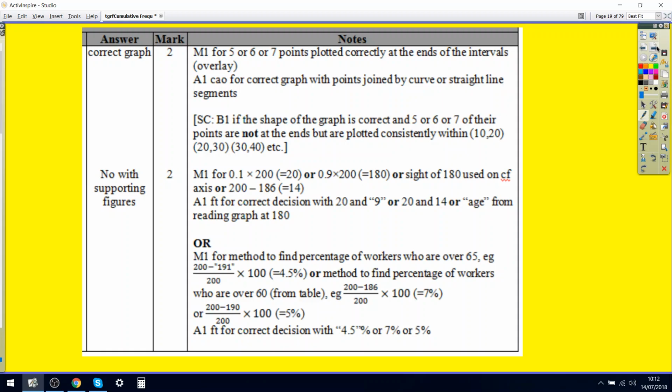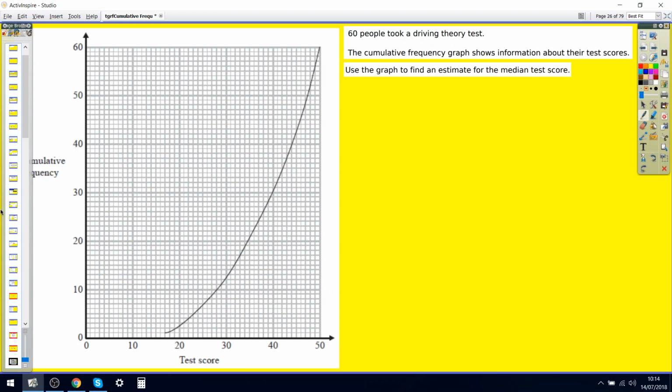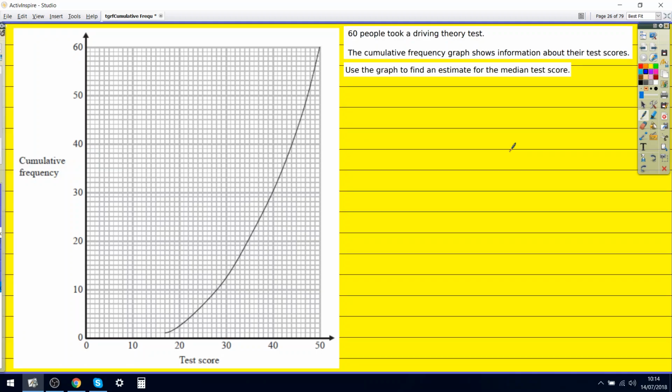So this one, there's 60 people. How would you get the position for the median for this one? Would it be 60 plus 1 over 2?